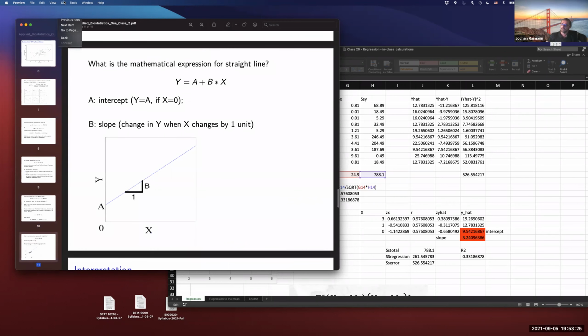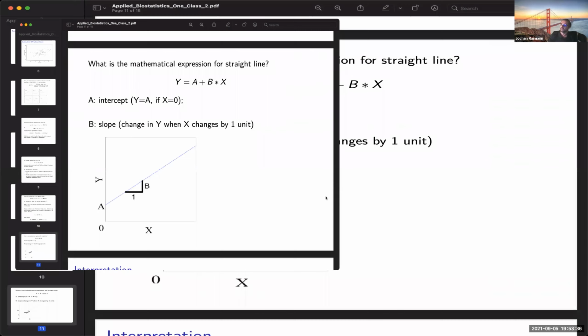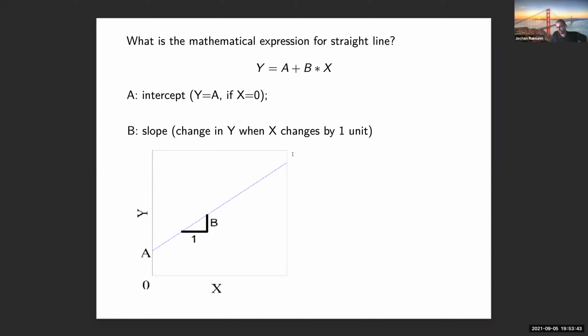And this comes now to the graph that is one of the extra files. The mathematical expression for a straight line is a and b. You can use whatever letter you want.